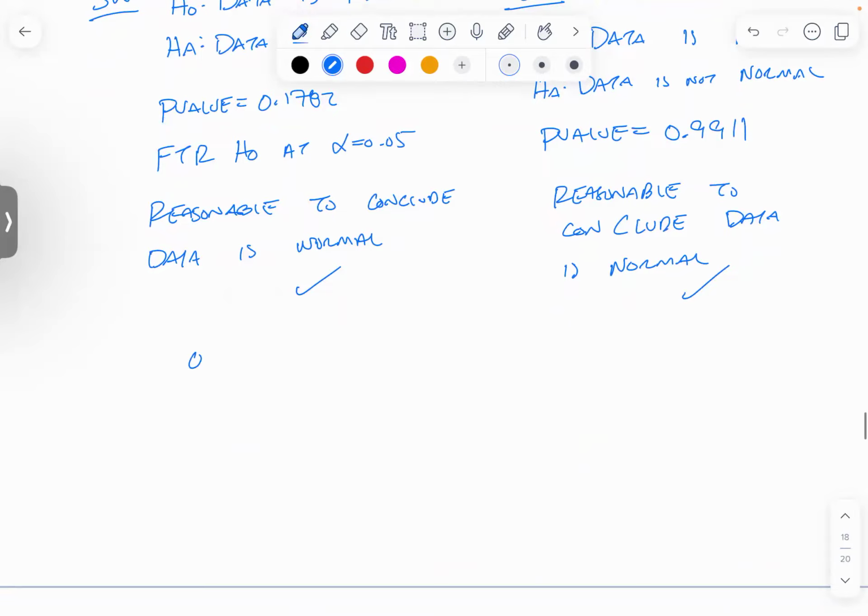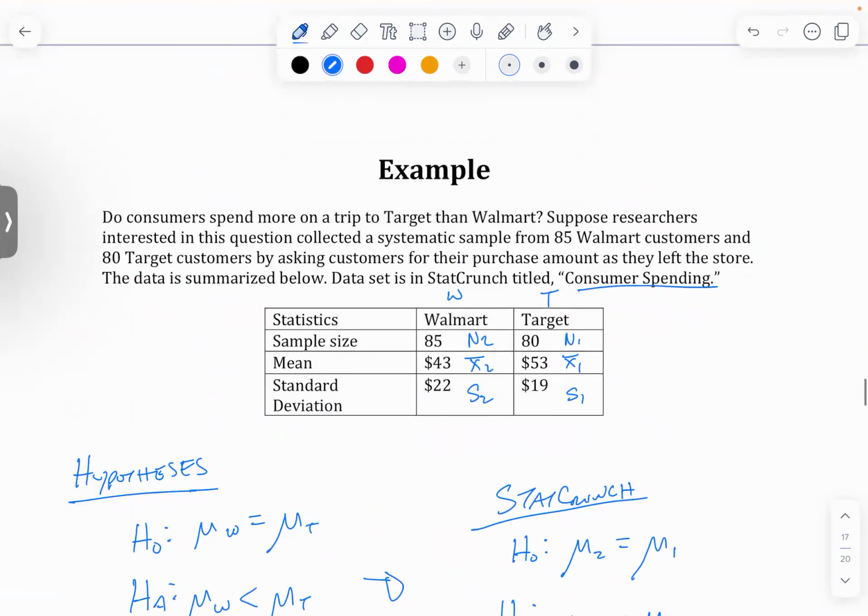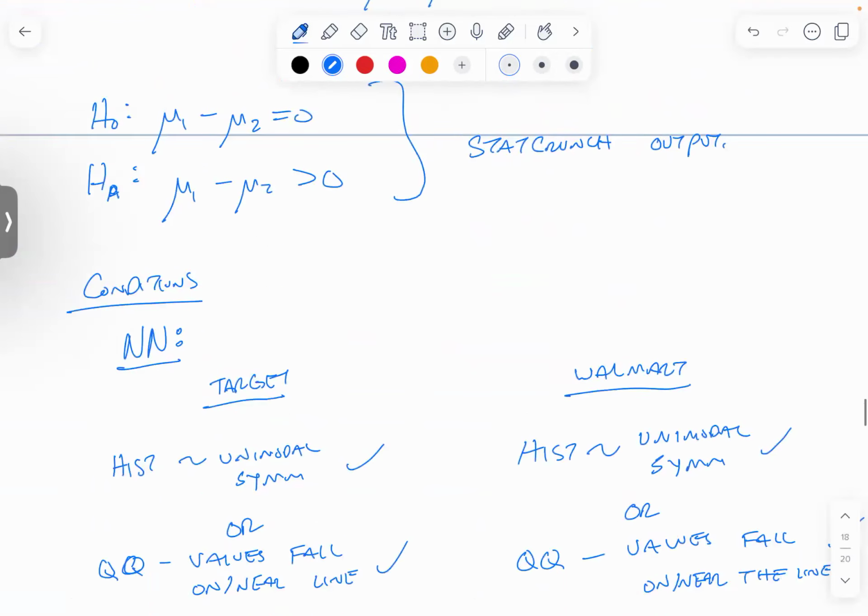And I guess while we're at it, let's check the absolute last one. Large enough condition. N equals, for Target, 80.